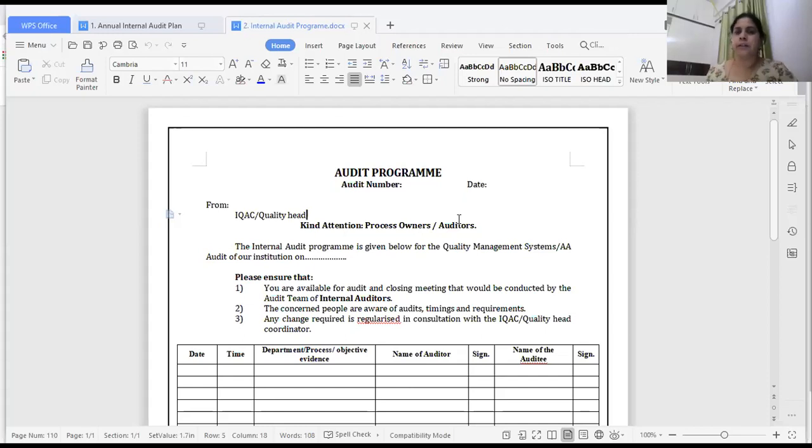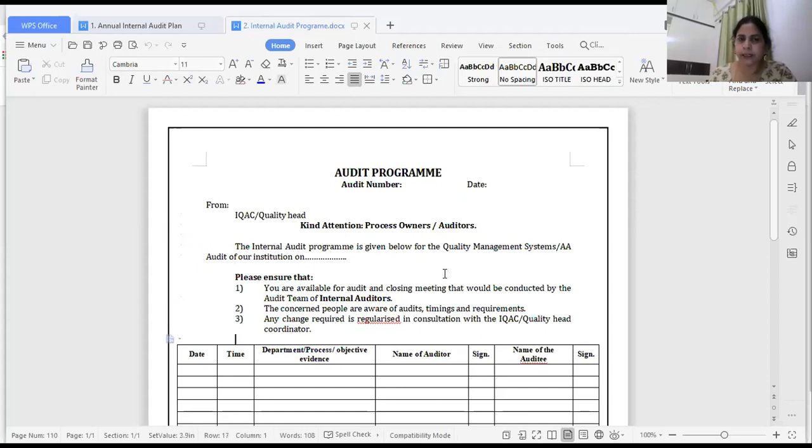Here, the letter I have typed, you can change as per the requirement of your university or college. It goes from the IQAC or the head of quality to the auditors. You are going to assign the auditor and the process to the process owner.